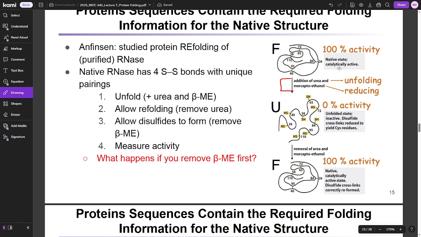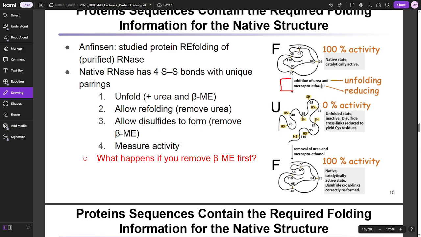So basically, first you reduce the disulfide bonds and you break them all apart. And the other thing you do is add this urea, and the urea disrupts any secondary interactions, like any hydrogen bondings between amino acids here, those get broken up as well, and it starts to stretch out this protein into its primary structure. It starts to look a little bit more like this maybe, right? It becomes more and more linear basically. It's no longer in this tertiary 3D shape.